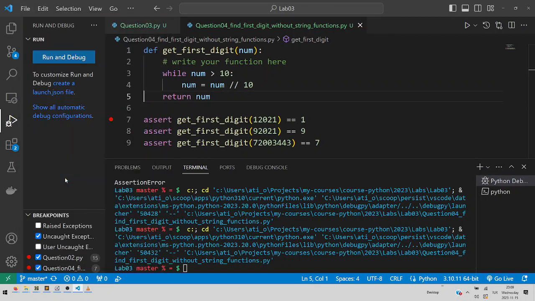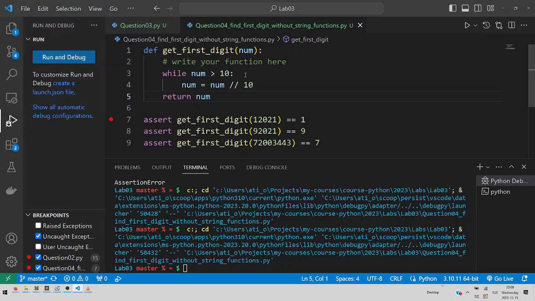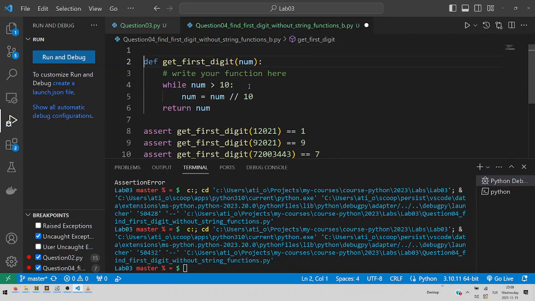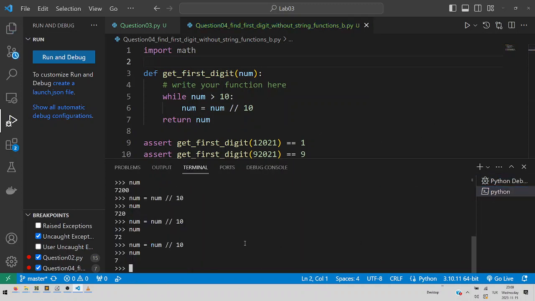The second one, let's say solution B. Since we can use the math library, I can use import math. Then let's go to the Python shell. Let me say again this number is, what was it, this long number.